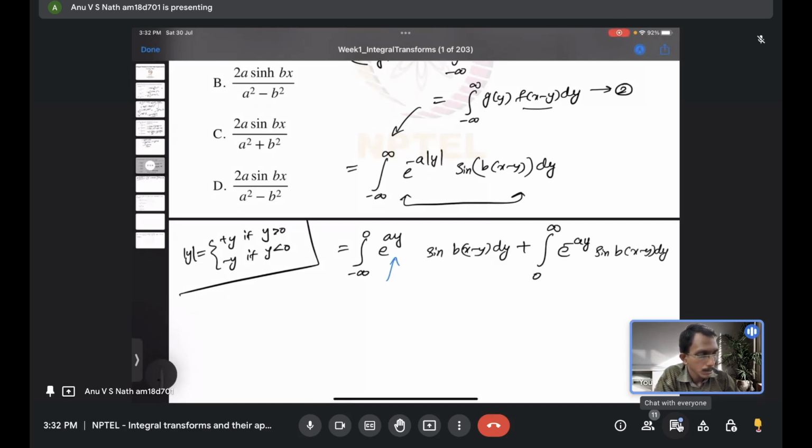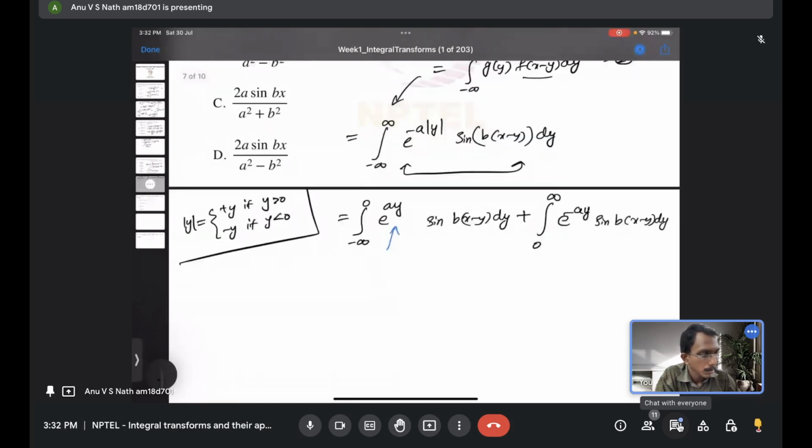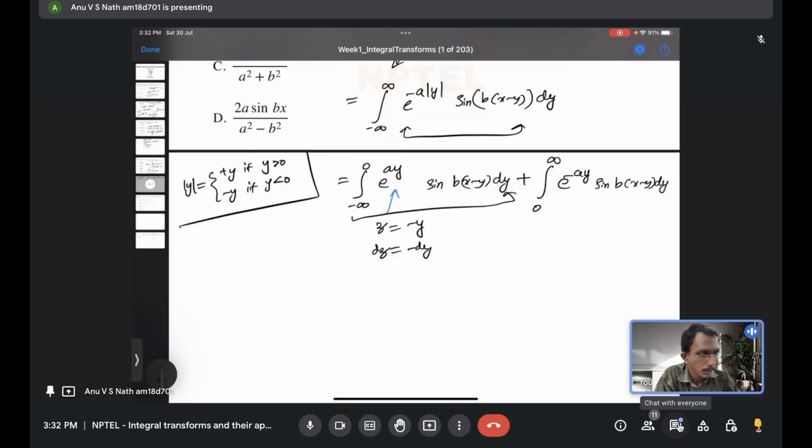Now also you can do a substitution, let's say z equal to minus y, so that dz equals minus dy, only for the first integral. Then you will have the integral of e raised to minus az sine b(x plus z), with dy being minus dz, right?